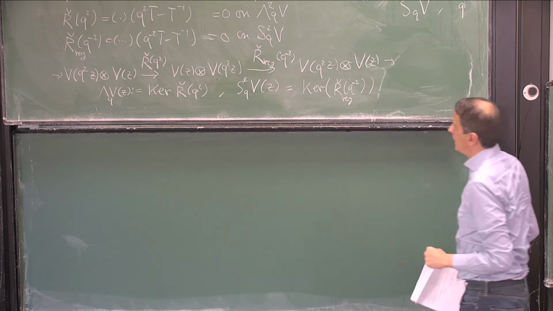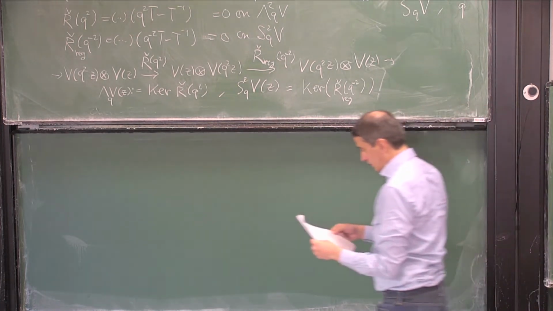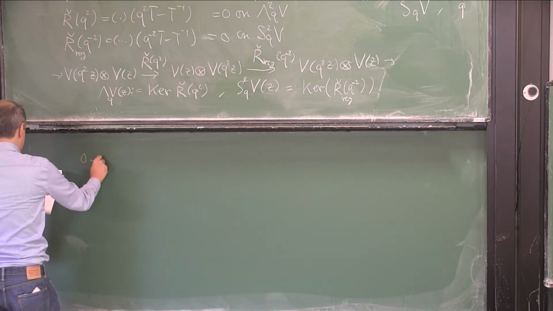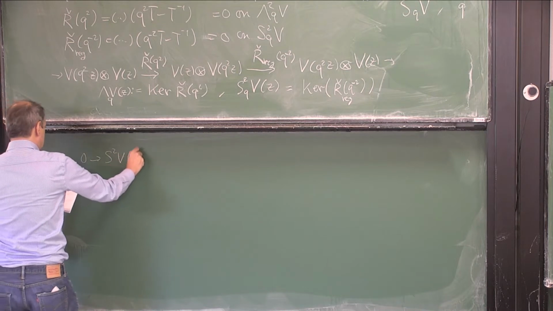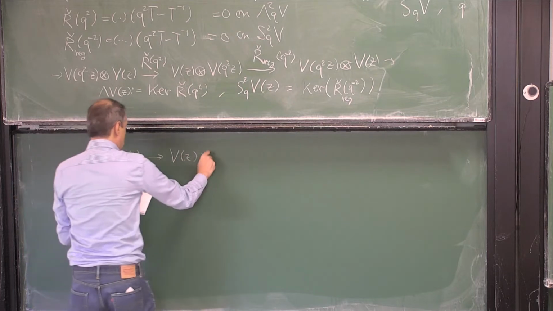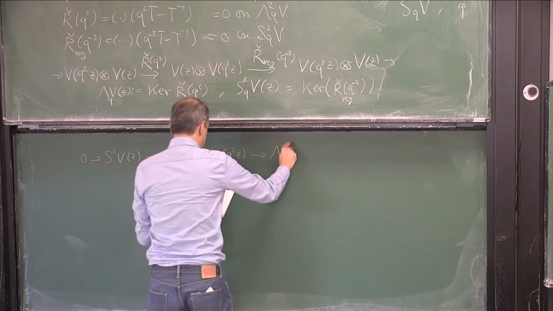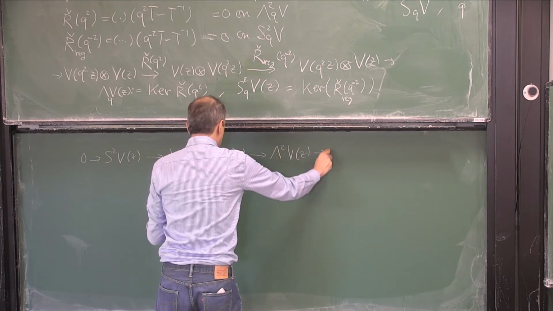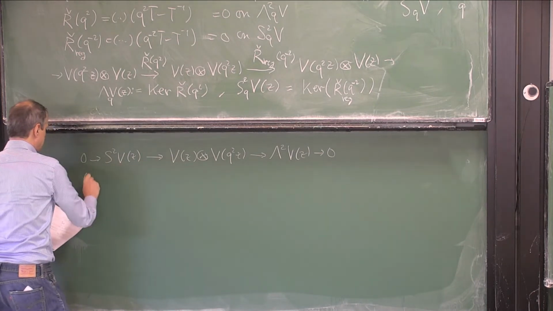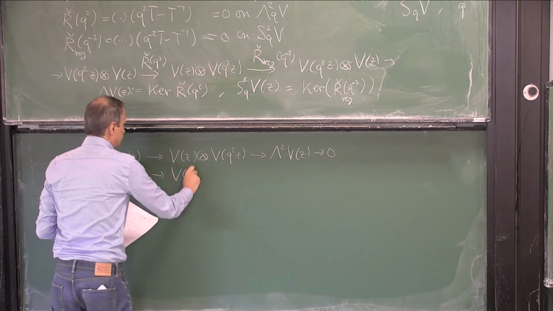Okay, so this realizes these representations as sub-representations of these tensor products, but realized in different tensor products. But since this is an exact sequence, you can also realize them as quotients, and then you have some exact sequences.